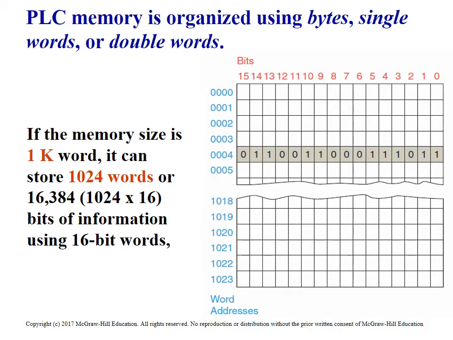Okay, so here's how the PLC organizes its memory. We're using bytes, single words, or double words. A double word, of course, nowadays is considered to be a regular word in the standard format, which is going to be 32 bits long.